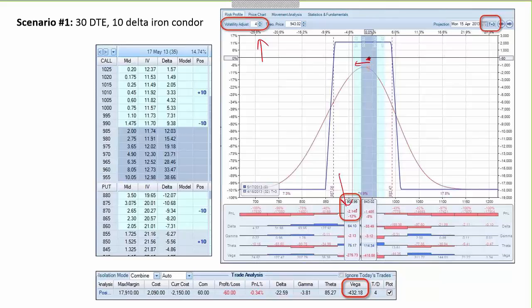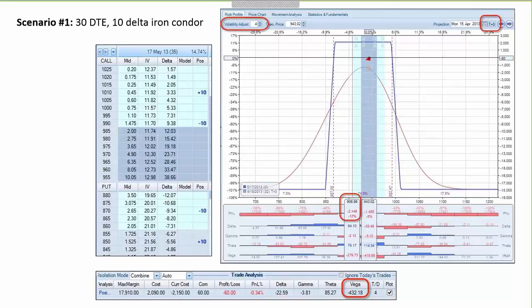This basically is saying you are going to be down 12% overnight, right? Why is that? Well, because we're negative Vega, right? Pretty big, right? And now we're going to be down, because IV is going to go in the opposite way of what we expected, right? And we're also getting hurt by delta, right? But the main point here is the software is saying you are going to be down by 12%.